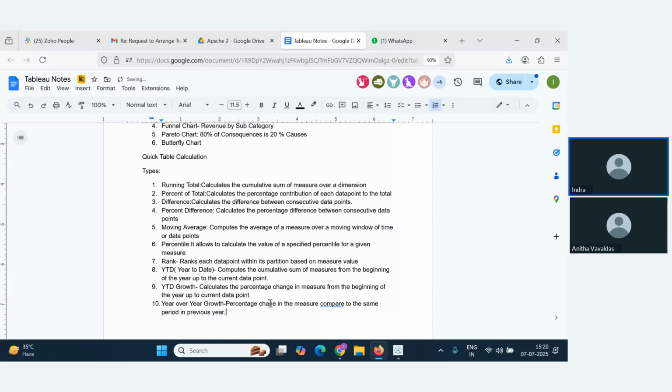These two sound very same, guys, but there is some difference between them. Let's see an example for year over year growth also.